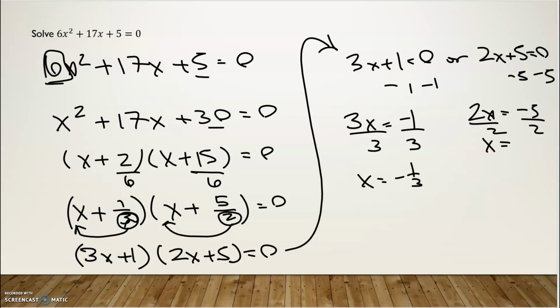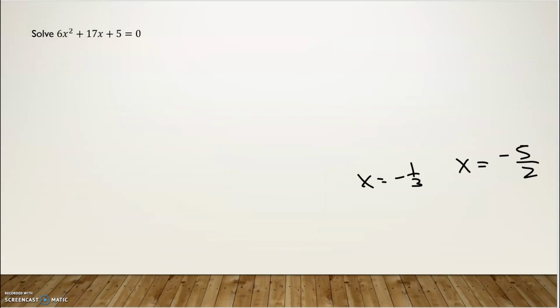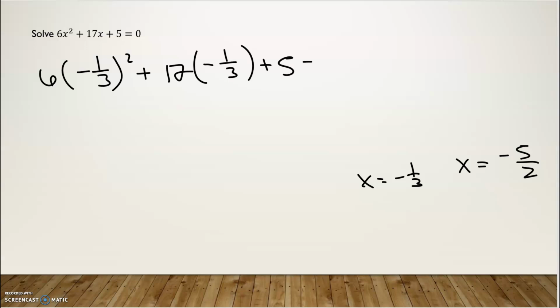Let me move that down just a hair. X is equal to -5/2. Now we need to check these in our original equation. All right, 6 times -1/3 squared plus 17 times -1/3 plus 5 equals 0.